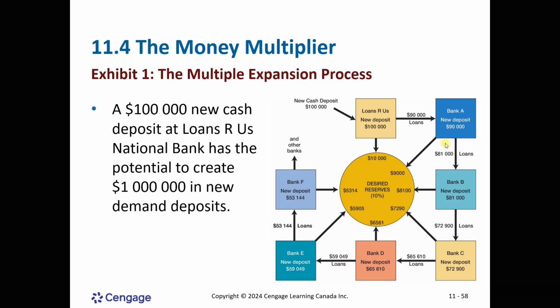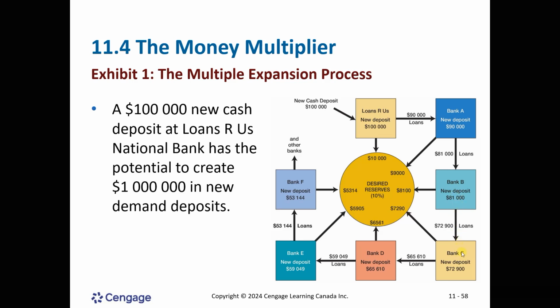In other words, it gives out the excess reserve as a loan after keeping the desired reserve. It's going to give out the excess reserve as a loan to someone else who may now take the 81,000 to bank B and drop 81,000 as a new deposit. Bank B is going to keep 10% of 81,000, which is 8,100, and give out 72,900, which is 90% of this amount, as a loan.